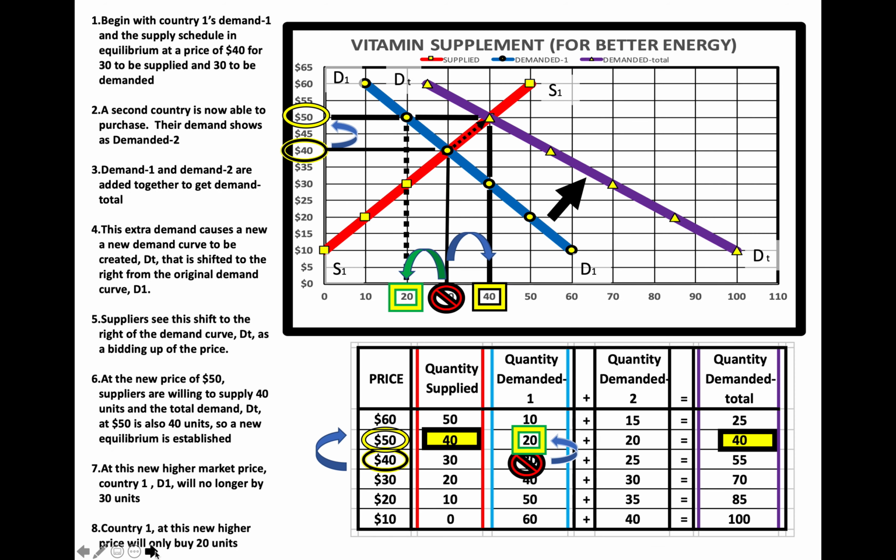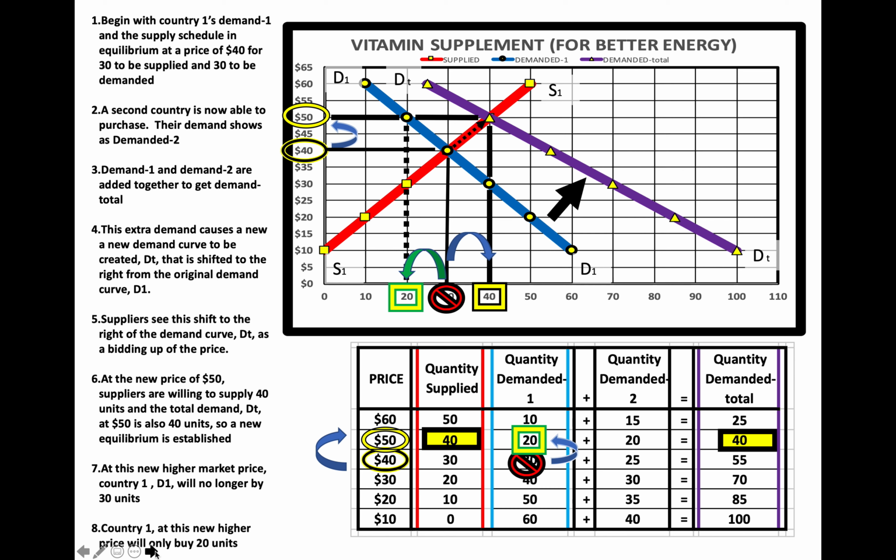And then we saw that we could have something happen where there are many more consumers, and this would cause a shift in total demand. I think the example we used is that we were able to offer our product to a second country.